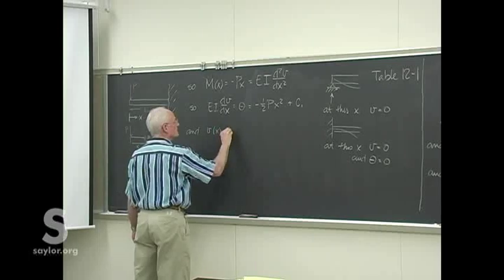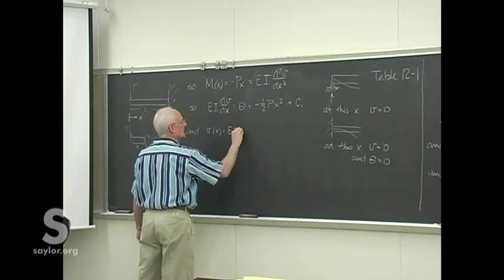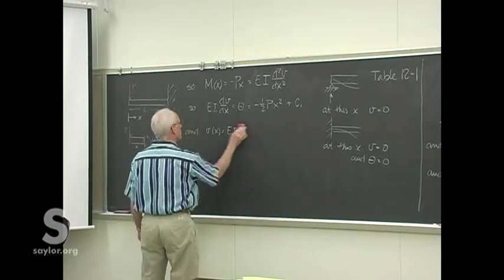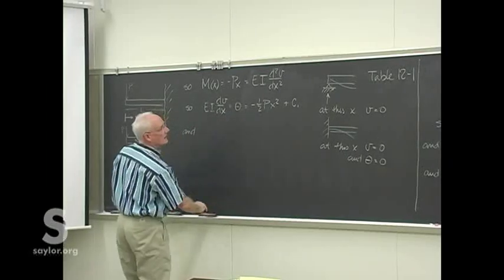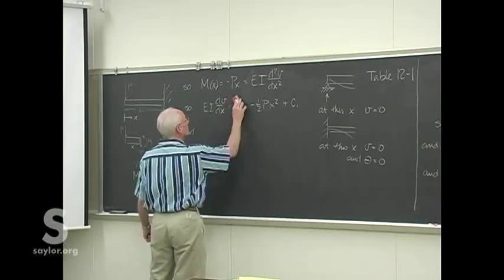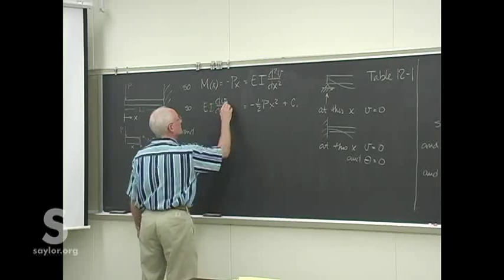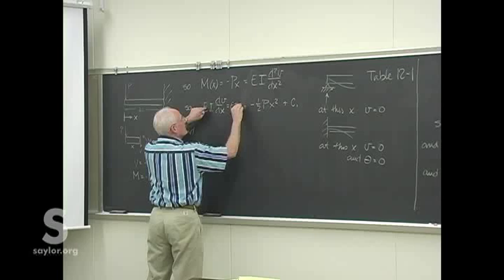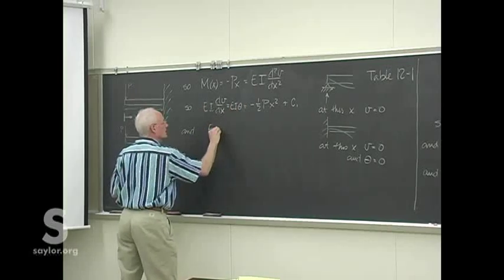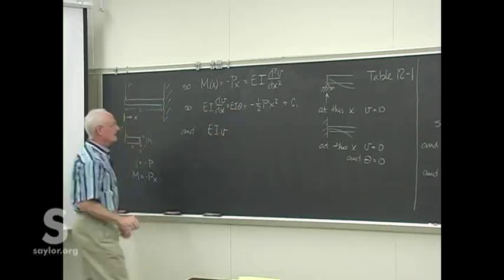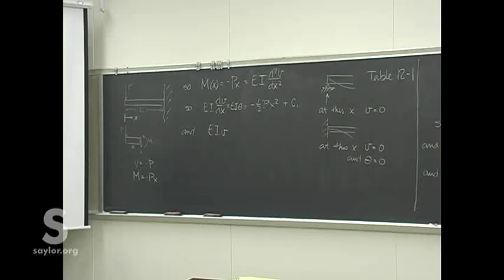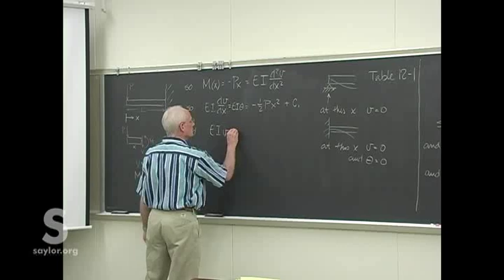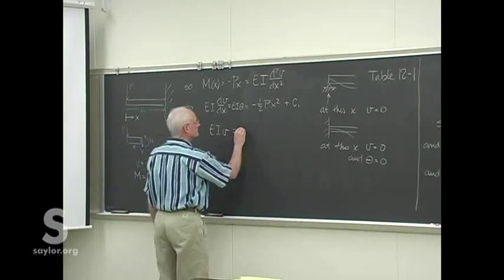So v as a function of x is EI, actually what I need in here is not theta, but I put the EI on, so I need EI theta, and so our curve is the integration of that, but I've got that EI in there, but that's just a constant of the geometry of the problem, so we'll just handle that as we go.